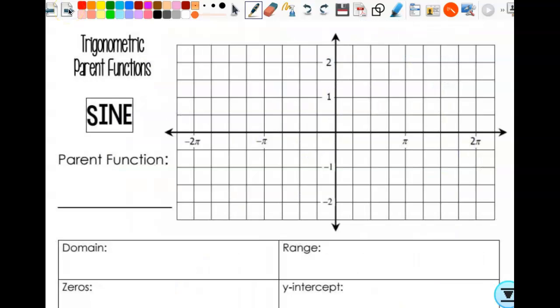Find your sine graph on there. The parent function for sine is just f of x equals sine of x. Okay? And we're not going to plot as many points as we did with the fettuccine on here because some of those numbers are not so pretty.